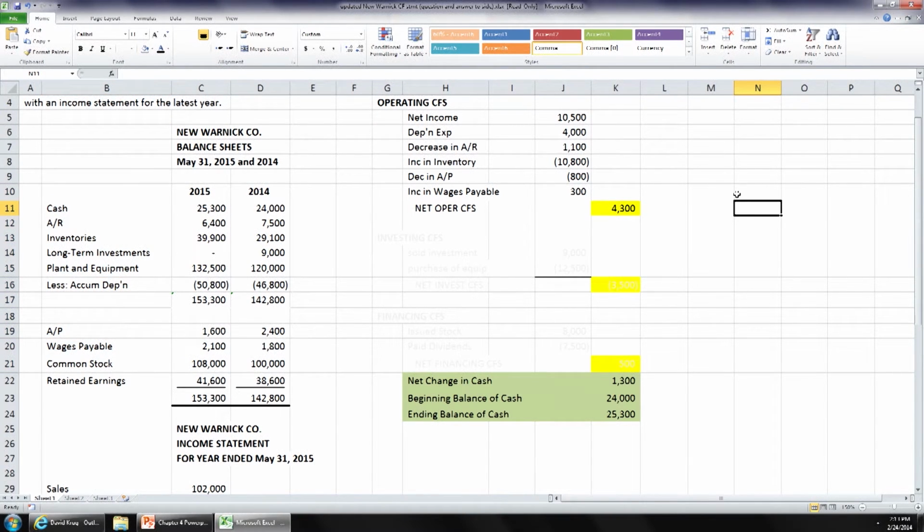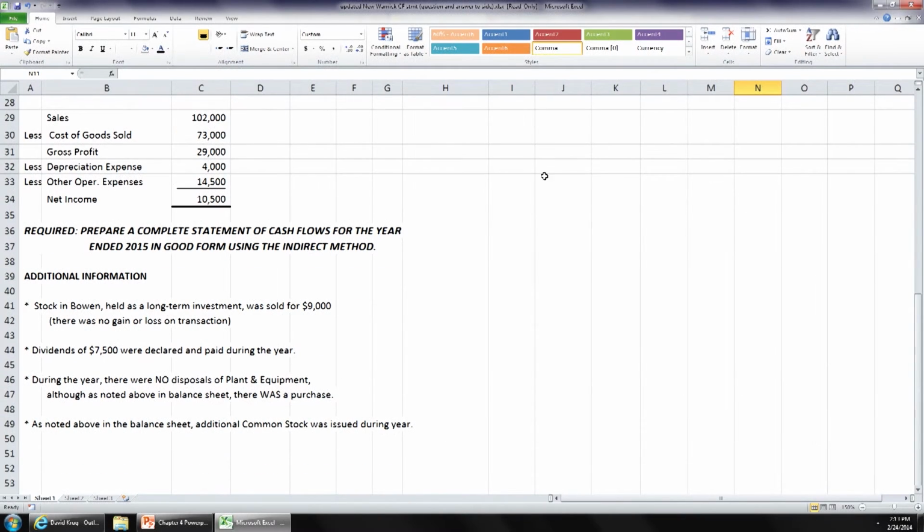Okay. Well, what's the next step? The next step, I always say, is to go down to the additional information that they give you. Now, in real life, this would be information that's readily available. I mean, look at these transactions. Selling a long-term investment, paying dividends, purchasing plant and equipment, issuing stock.